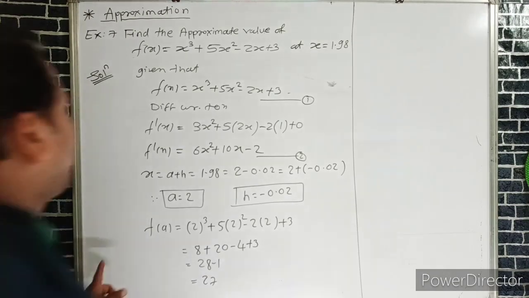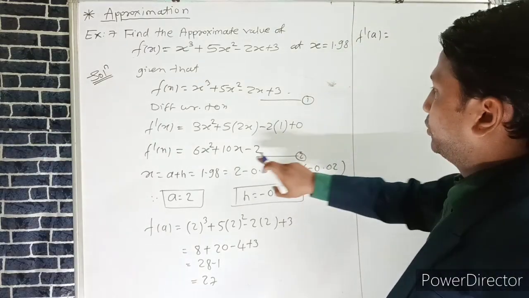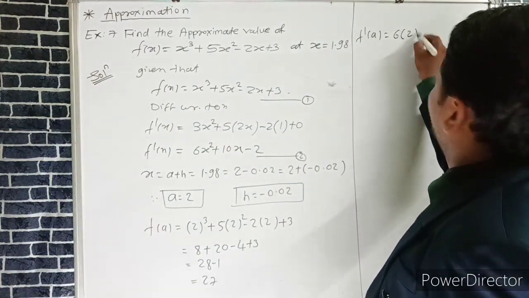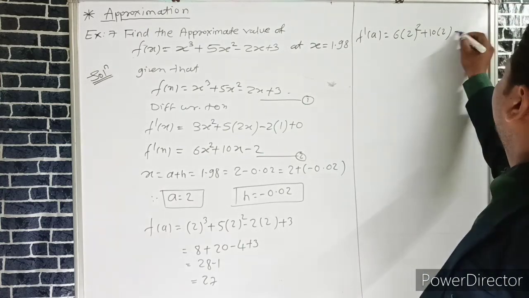Also the value of f dash of a is equal to 3 into 2 square plus 10 into 2 minus 2.